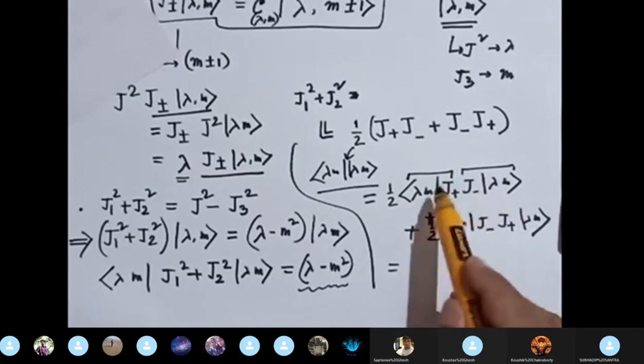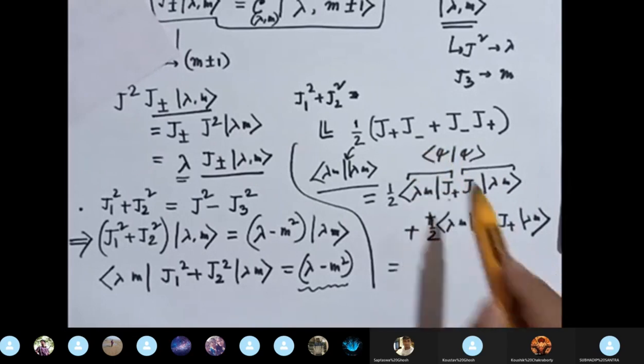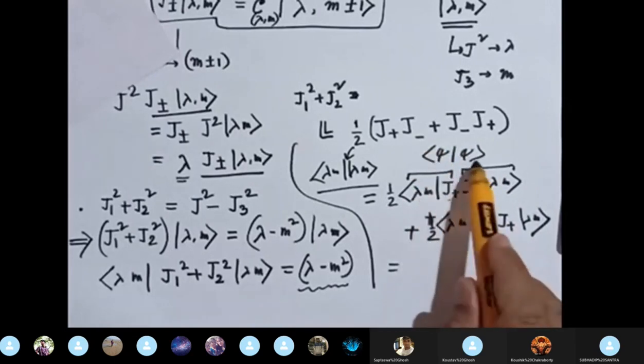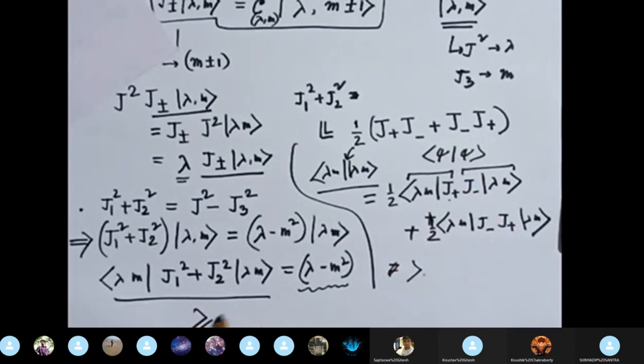Therefore its conjugate is this. So this is basically of the form of psi. This way you have to show it. So this is positive, and similarly this one. So this thing is a positive thing. You cannot say it directly like that with J1 square.